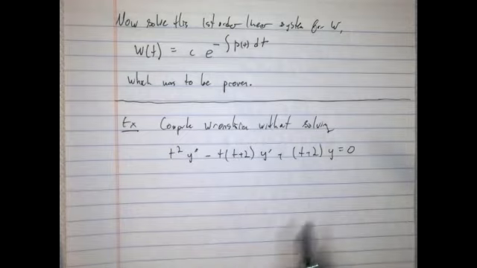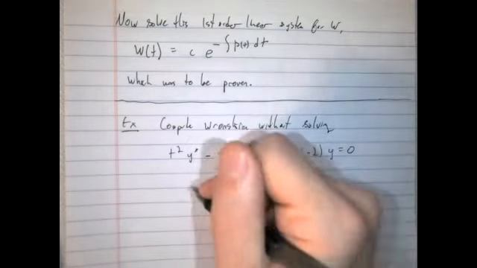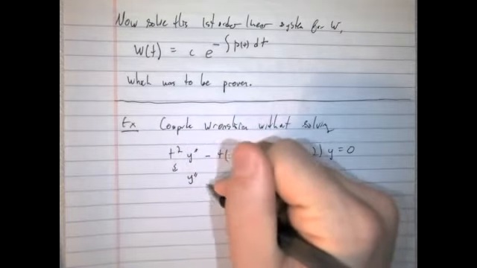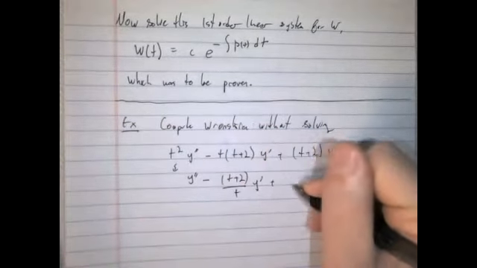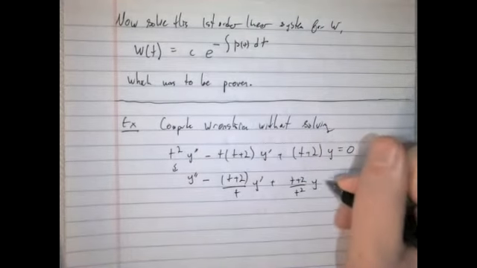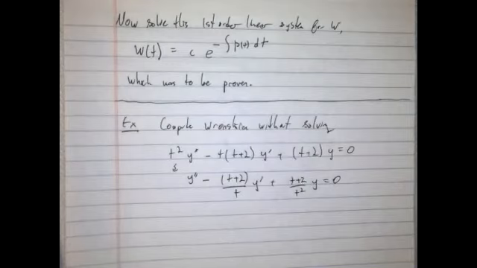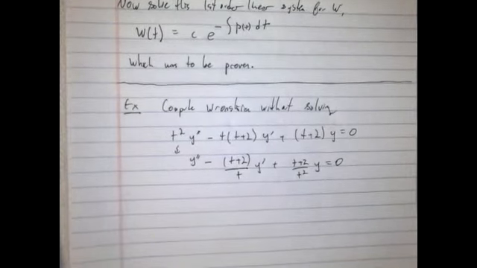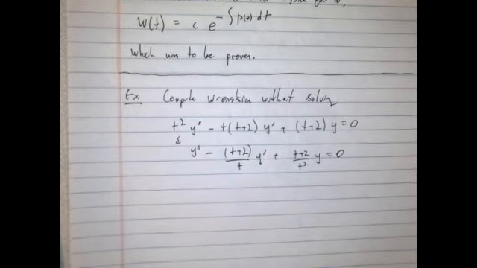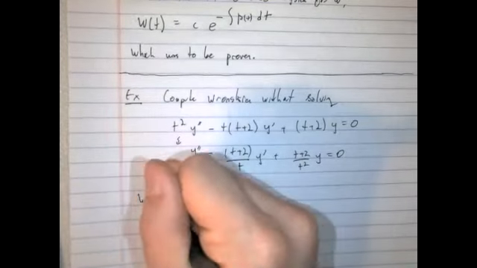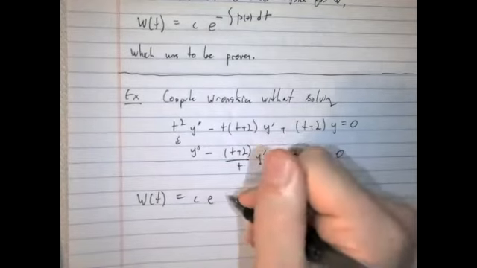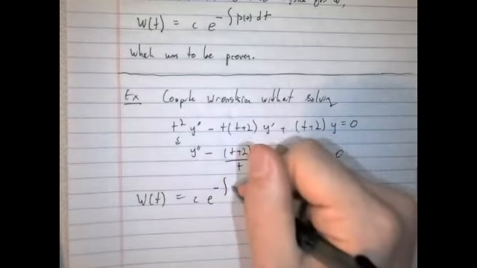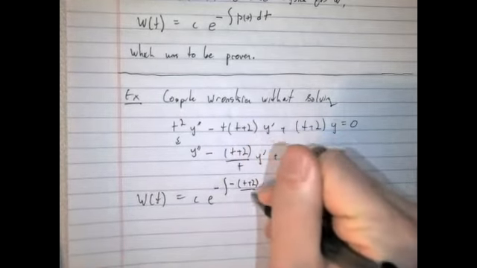So what's the first thing that we should do here? Get it in the form we want, which means dividing everywhere by t^2. So here we can write this as y'' - ((t+2)/t) y' + ((t+2)/t^2) y = 0. And then Abel's theorem just tells us what to do, right? The Wronskian W(t) is equal to a constant multiple of e to the negative antiderivative of negative (t+2)/t.